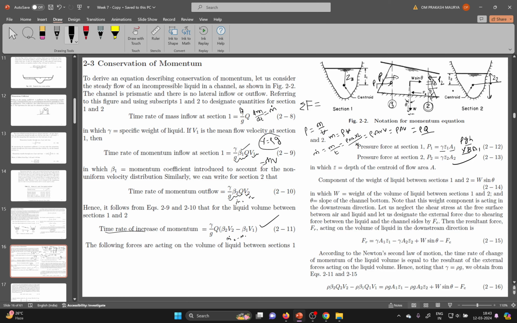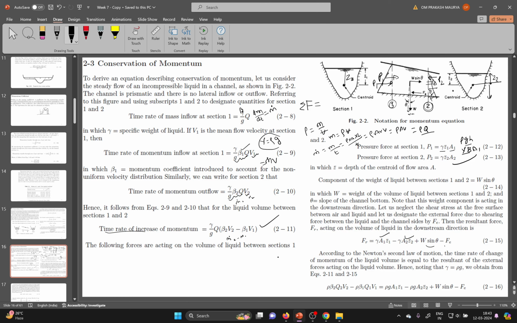This is very basic, not tough here. So if you calculate your force, P1 is in this direction, P2 just opposite, so minus, and here plus, and Fe is nothing but the frictional force.